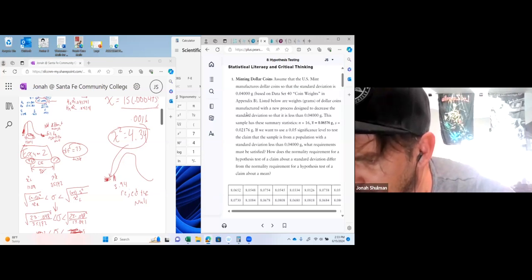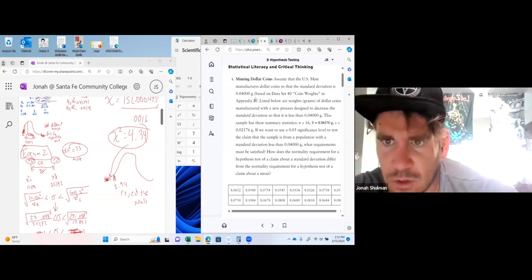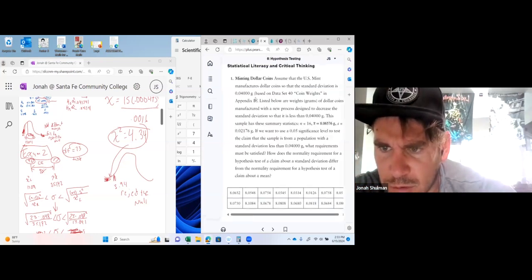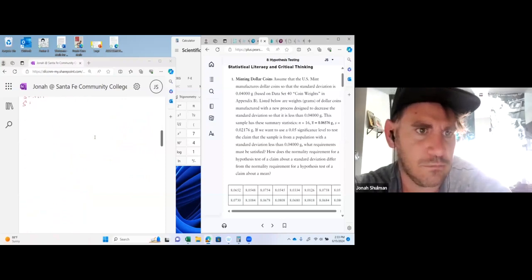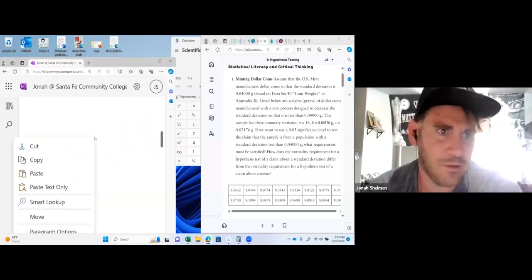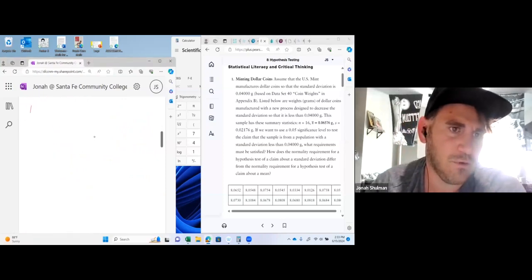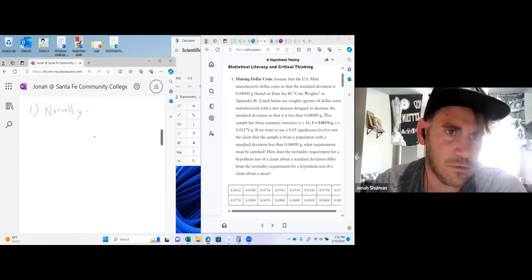The normality requirement is more strict. That's all they wanted to know. Okay, well, I did all this work for nothing. My bad. So the only things we have to check are that it's normally distributed and a simple random sample.